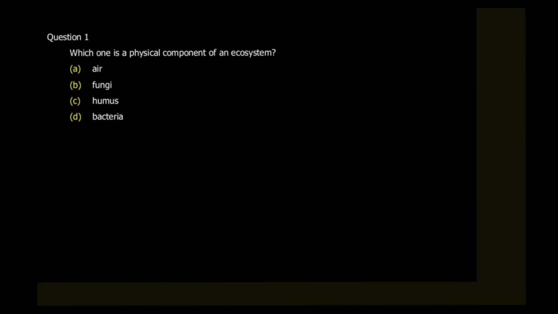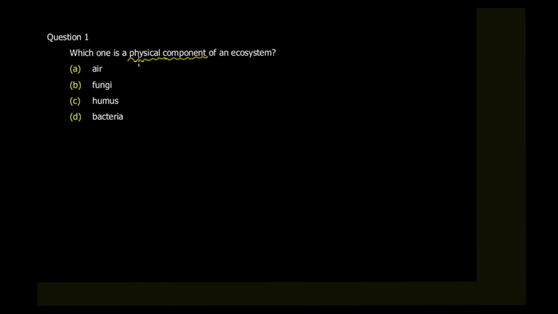So the key phrase there is physical component of an ecosystem. Physical components are the physical characteristics of an environment. Normally when they use the word physical, in science we usually mean things as opposed to animals or microorganisms.